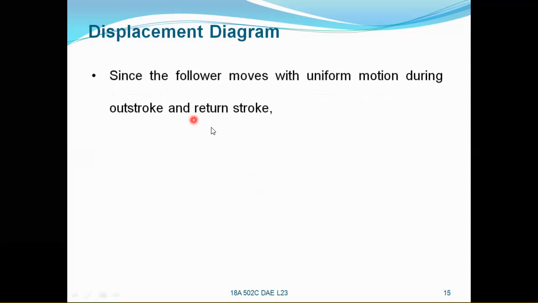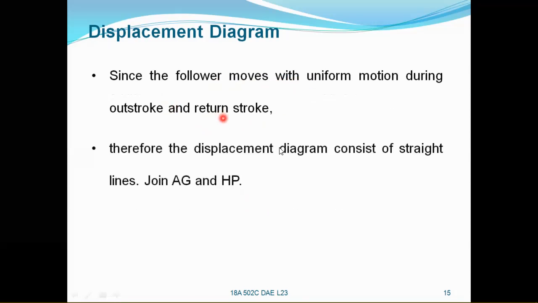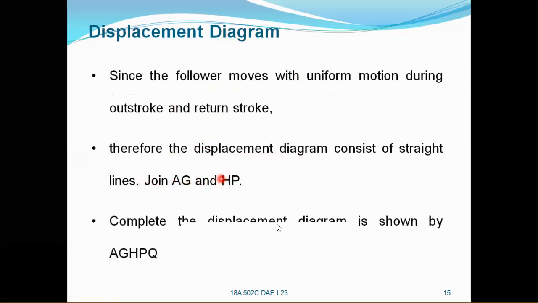Since the follower moves with uniform motion during outstroke and return stroke, the displacement diagram consists of straight lines. That is, join AG and HP. Finally, you will get your complete displacement diagram shown by AG, HP, Q. That will be the displacement diagram of the follower when it moves with uniform velocity.